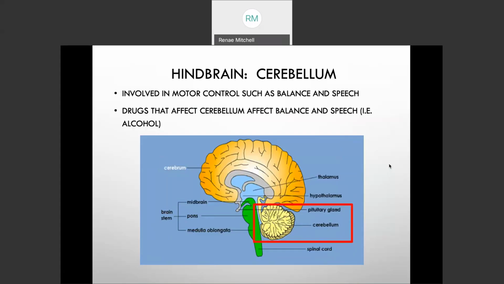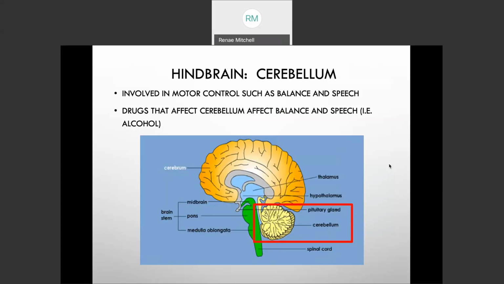When you're looking at someone engaged in a sobriety test, trying to walk the line for the police officer, if their balance is impaired, it means that there's perhaps some sort of drug or an injury impacting their cerebellum. This is also where you would start to hear people slur their speech or have trouble communicating, because some substance or an injury is impacting that part of the brain.